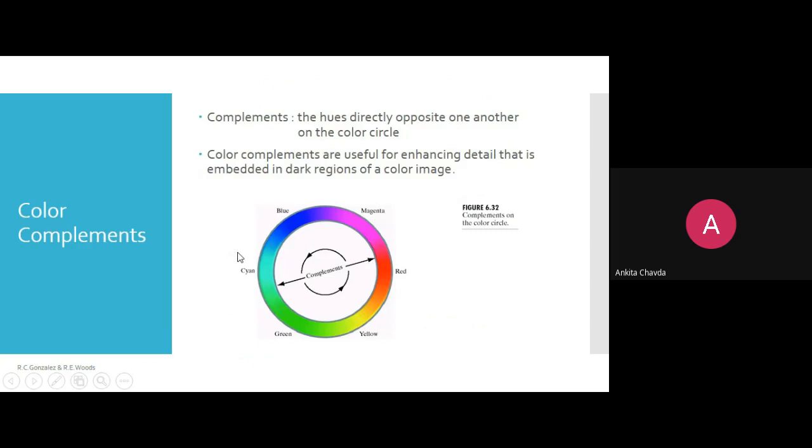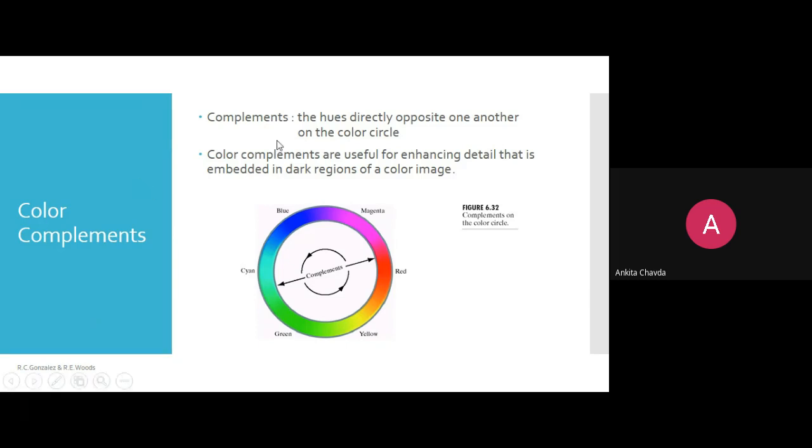Yeah. Then this is what the color complements. Now you can see this figure. What are the complements? What are the opposite colors? You can have this circle, right?